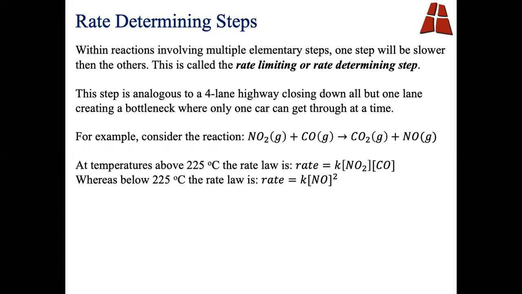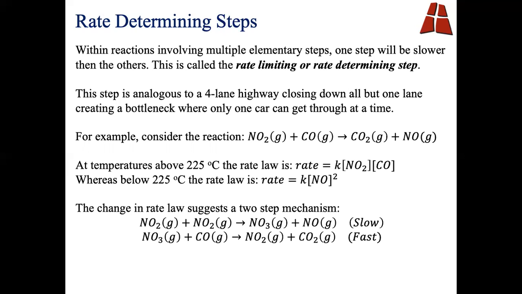And because we have different rate laws at different temperatures, that suggests a 2-step mechanism. And so this is the mechanism we could propose shown here, where our first step might be slow. So we could say that our bottleneck, or our 1-lane highway, might occur in our first step. If that's the case, then we look at our reactants and we have 2 moles of NO2.